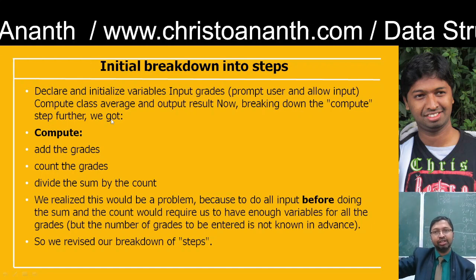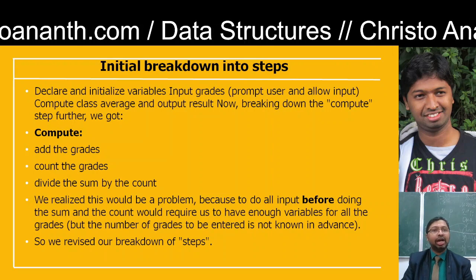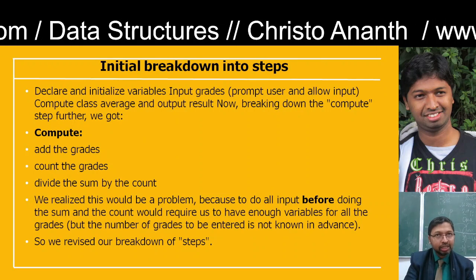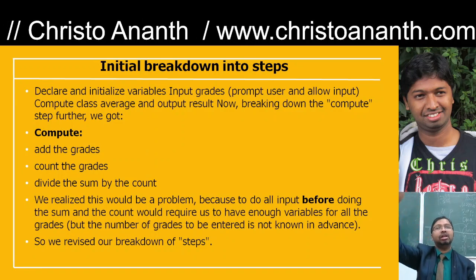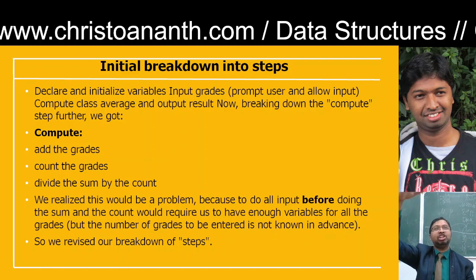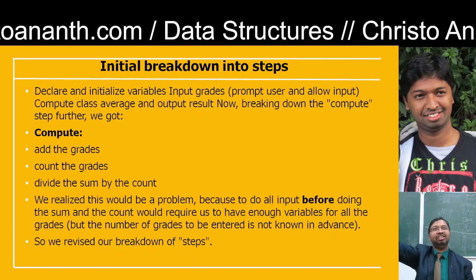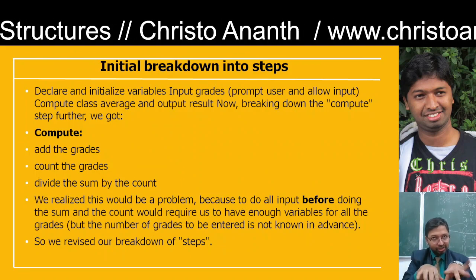For input grade, you prompt the user to enter the input. After entering the grades, you compute the class average and output the result. For example, subject 1 95, subject 2 90, subject 3 70, subject 4. You get some grade, you enter.